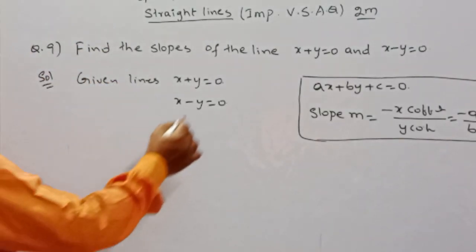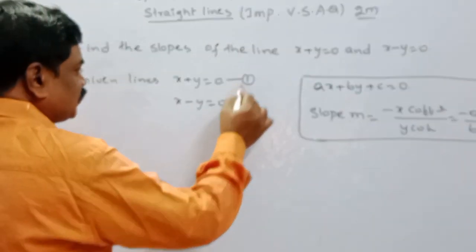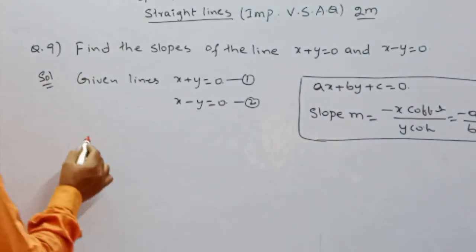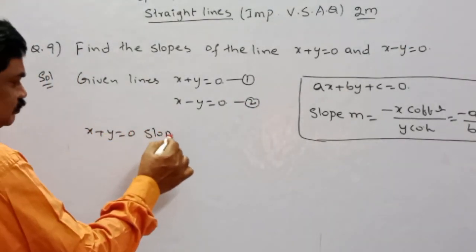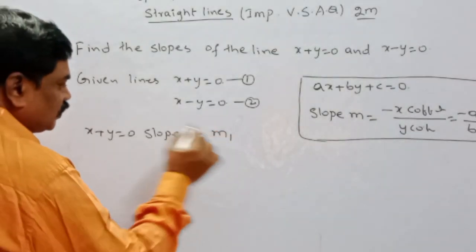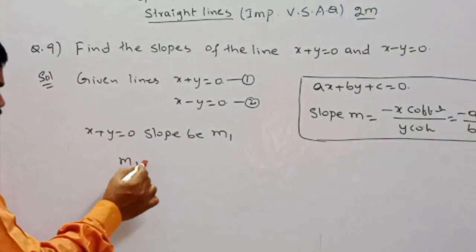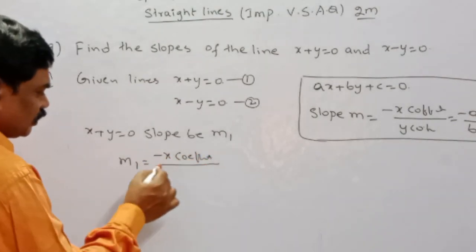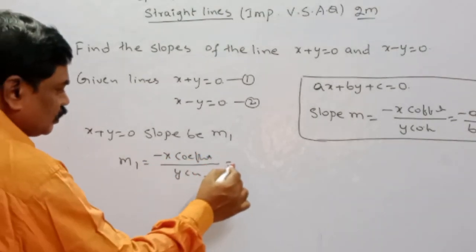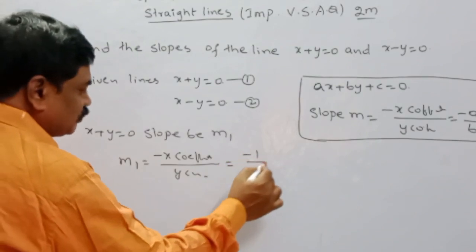So here, take the first one: x plus y equals 0, slope m1. So m1 equals minus x coefficient by y coefficient equals minus 1 by 1.